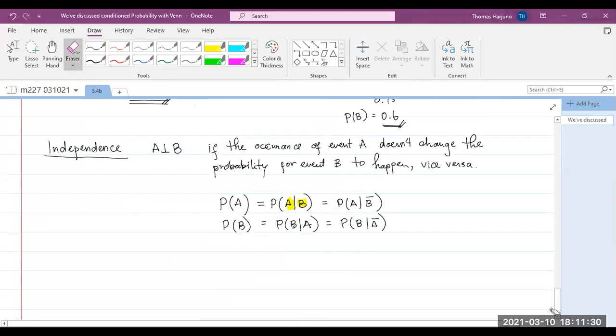So suppose we say, for example, we have an experiment of tossing a coin and rolling a die.